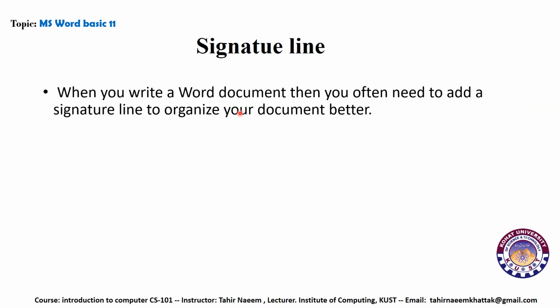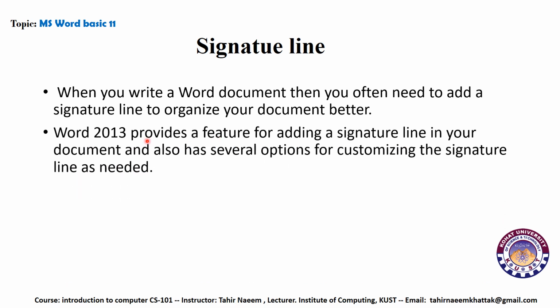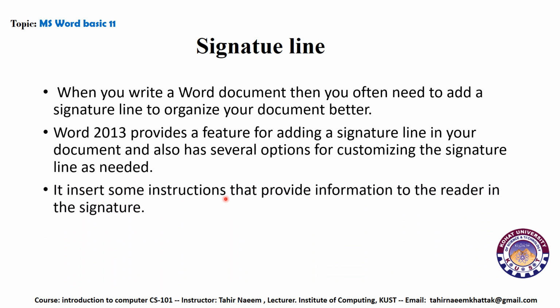When we write a Word document, we often need to add a signature line to organize our document better. Word provides a feature for adding a signature line in our document and also has several options for customizing the signature line as required. It inserts some instructions that provide information to a reader in the signature. So basically, in physical documents we also include a signature at the end of the document or wherever it is needed.